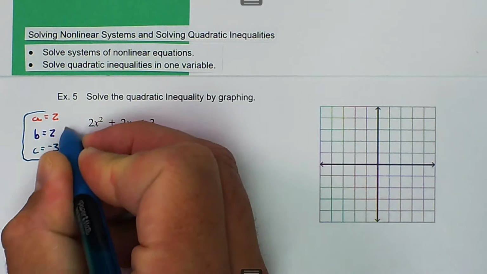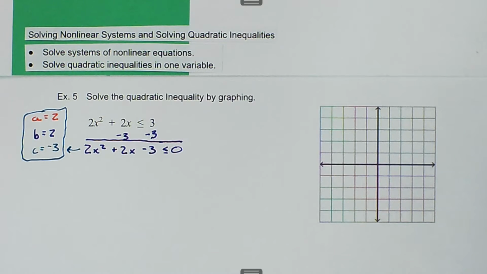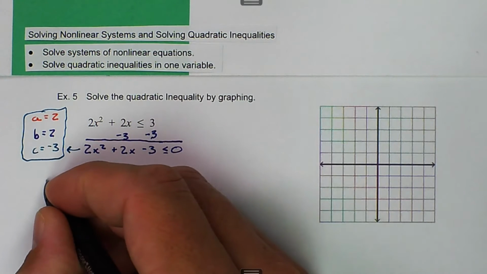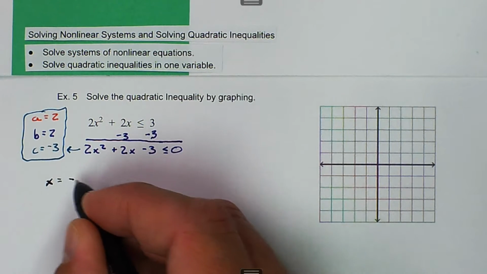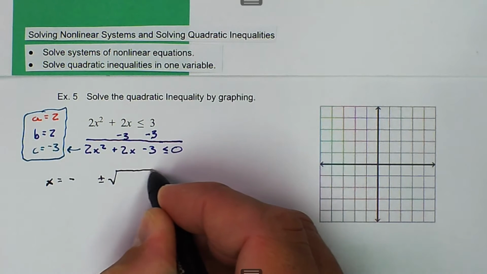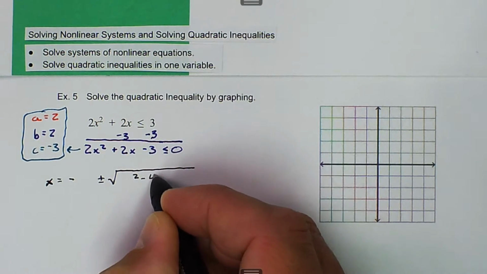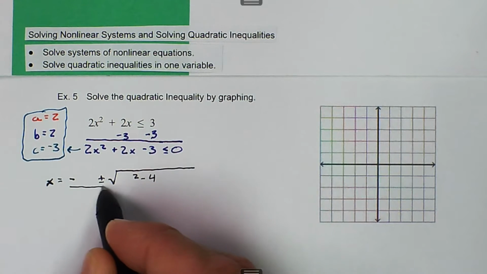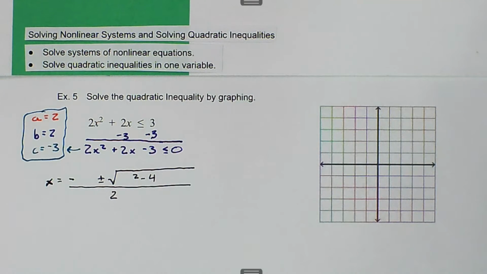So we get these values from that form of the inequality there. And then we can substitute those into the quadratic formula, which in this case is x equals negative b plus or minus the square root of b squared minus 4 times ac, all divided by 2 times a.